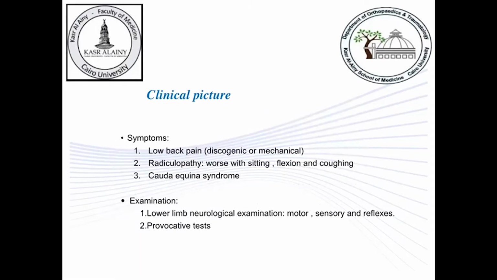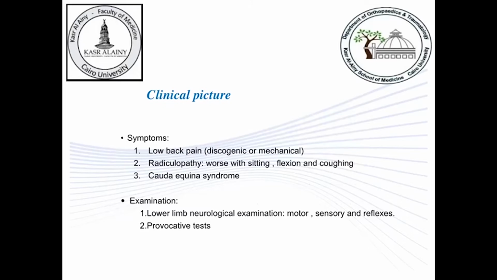So what are the clinical manifestations? We should mention that one of the most important manifestations is being asymptomatic, and the lumbar disc prolapse can be accidentally found on MRI. While the most common symptoms are axial pain or low back pain, which can be discogenic or mechanical in nature, and radicular pain, which is caused by nerve compression.